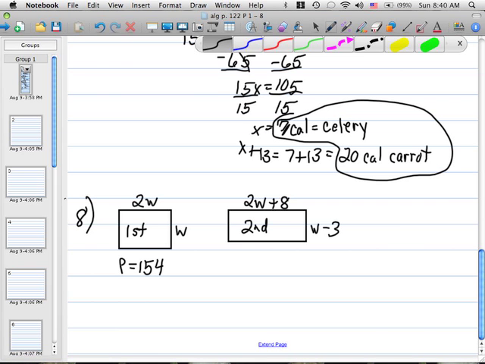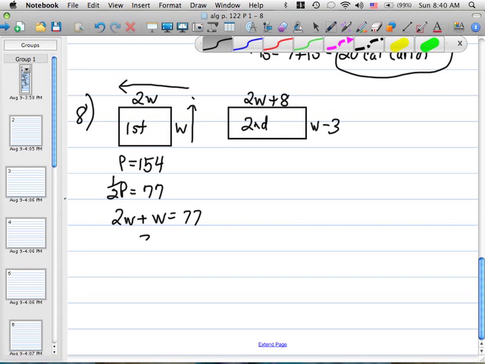Now remember, on previous problems, to save myself work, I took half the perimeter and did one length and one width, so halfway around. So I'm going to take one width and one length, 2w plus w, and set it equal to 77.